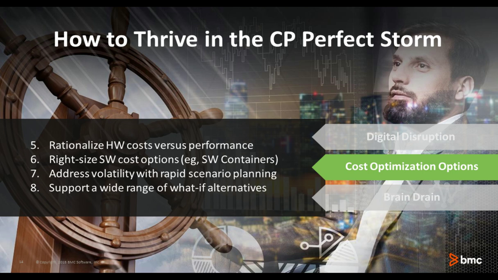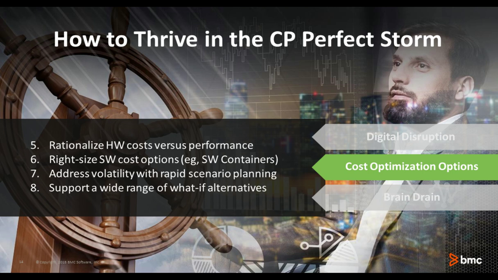We'll assume at the end of the day that the goal is to deliver a defined level of service for business-critical customer-facing applications. And again, customer-facing could be external customers, or in some cases, you may have critical applications for your internal customers. You need to be able to evaluate and choose the best software cost options. For example, software containing options. And we'll take a look at some of these things in more detail.